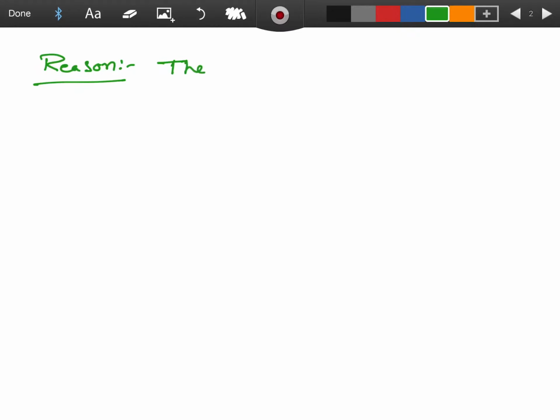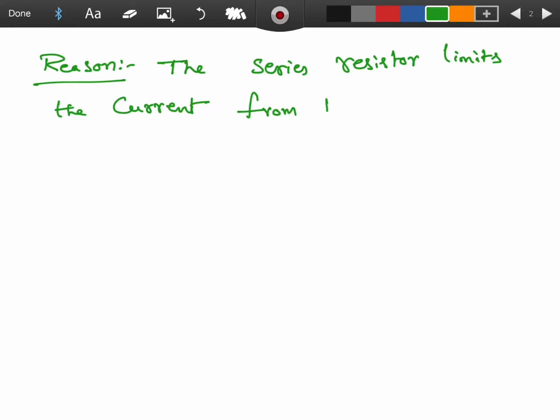The series resistor limits the current from the external DC supply. If it is not there, what will happen?